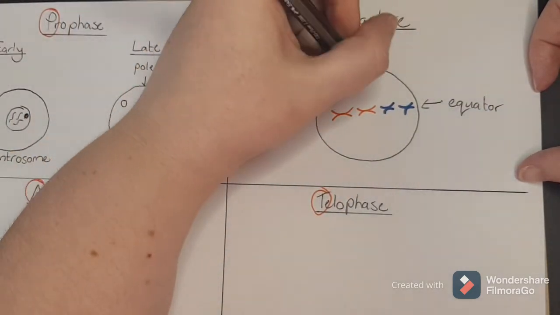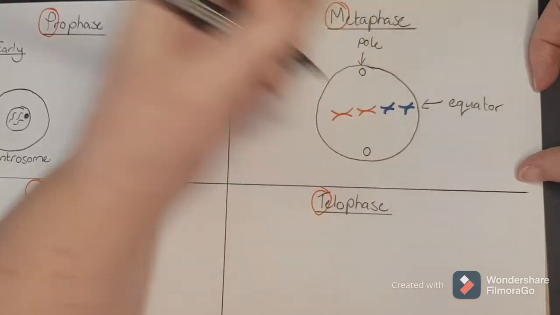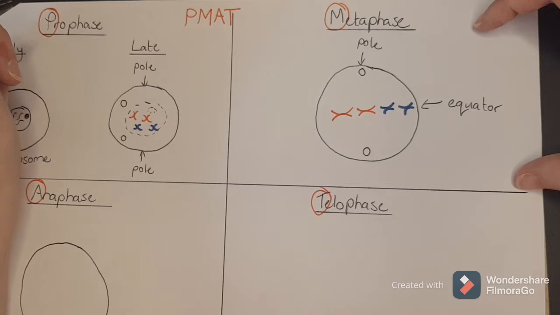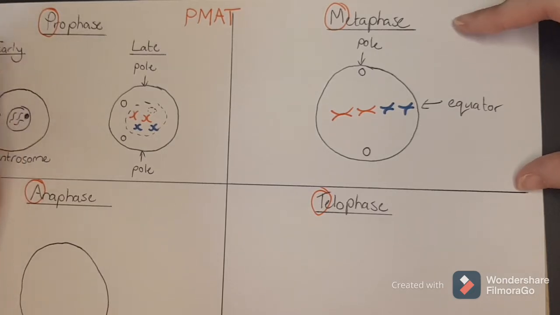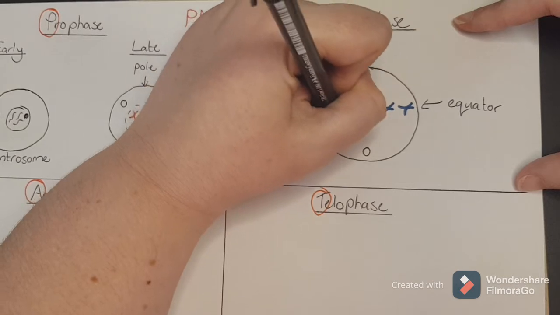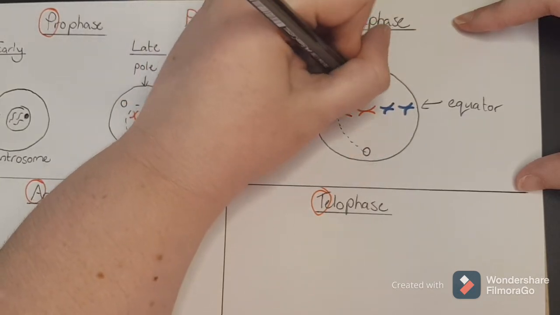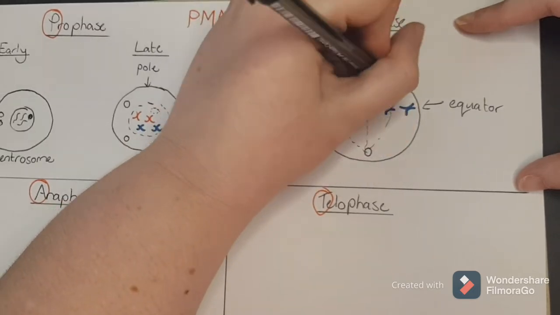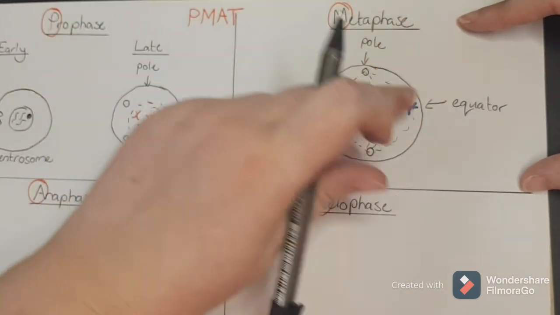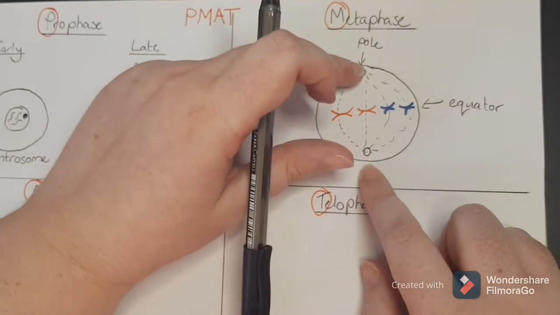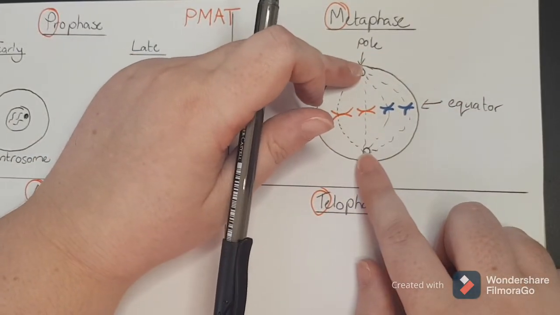So what happens is the centrosomes are at each end now, and they make what we call spindle fibers. And those spindle fibers are made from microtubules, and each spindle fiber goes through each chromosome from one pole to the other, so that those spindle fibers are holding each chromosome in the middle from top end and bottom end.